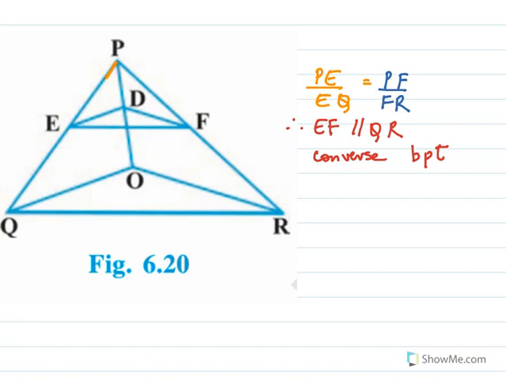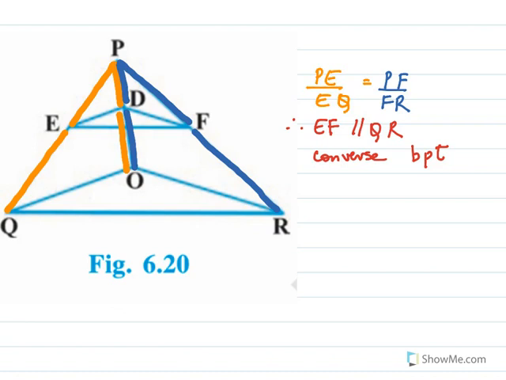To summarize this sum, first we proved that PE over EQ is equal to PD over DO. And then in the next part we proved that PF over FR was equal to PD over DO.